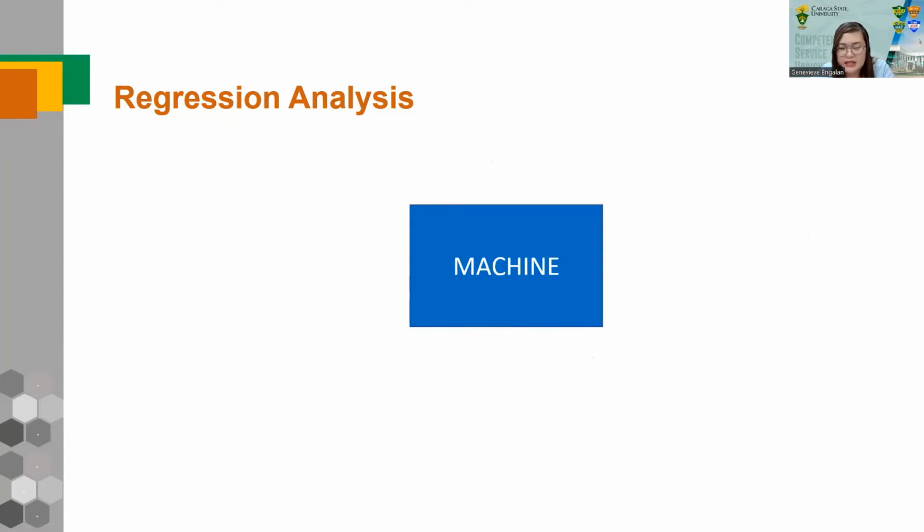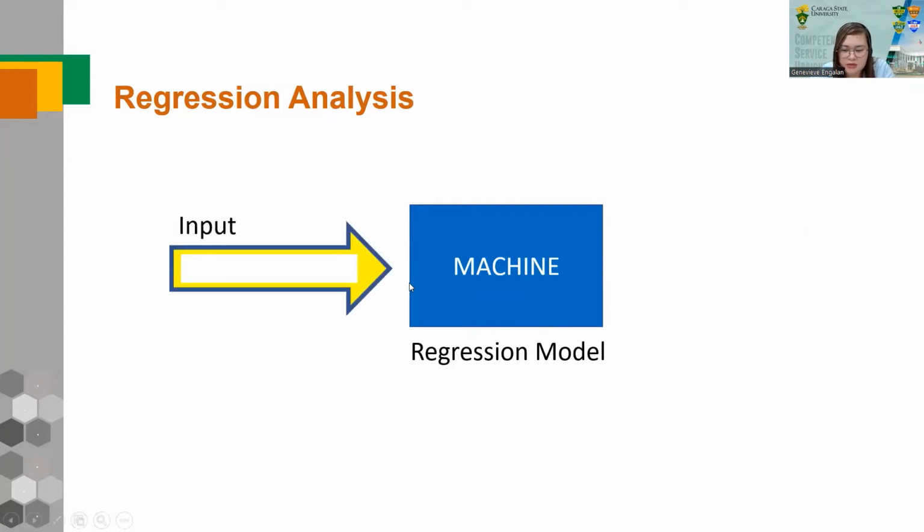So magkinahanglan ta og regression model. So kining regression model mura siyag machine. Diba ang machine mag-input ta, naa puy output. Kay pag input nato sa machine, kanang input mao na siya ang atong gitawag nga independent variable sa regression analysis.